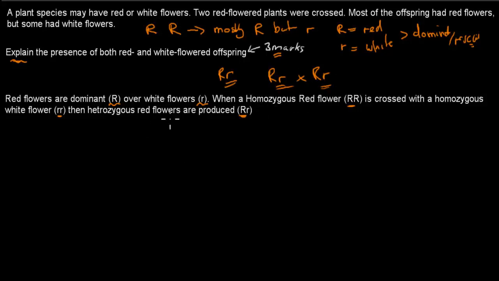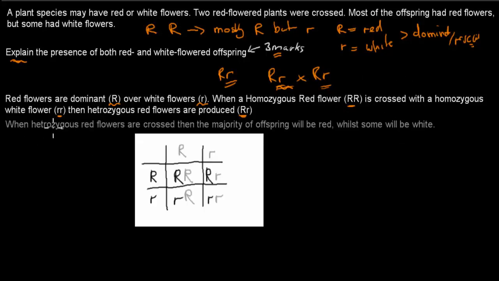That's what I said first: if we have homozygous ones, we can produce heterozygous ones, and thereby, if we cross those, we will have our white-red ratio. And I'll say that now in the second bit. When heterozygous red flowers are crossed, the majority of offspring will be red, while some will still be white. This is heterozygous flower number 1, capital R and small r, and this is heterozygous flower number 2, capital R and small r.